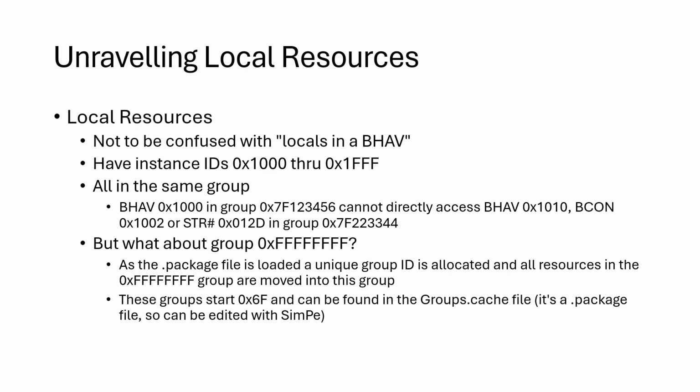So even though they appear to be in the same group, this special FFFFFFFF group, they end up in game in different groups. And if you want to see what those groups are, you can find them in the groups.cache file. Once your game has been running for a bit, you can open it with SimPE. So local resources are all in the 1000 range and they're all in the same group as the object they belong to.